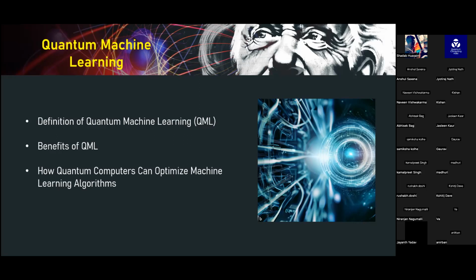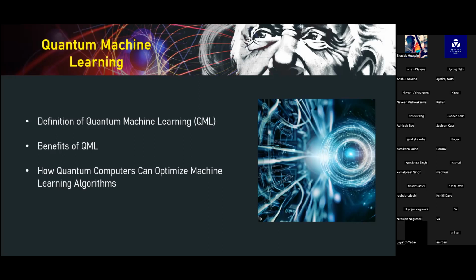Okay. Now, when we look at it, basically, quantum computers are used as optimizers in terms of generative AI, and they can give you better optimized results when it comes to machine learning algorithms. So just to recall what we have discussed till now, we started with the definition of generative AI, and the definition of quantum computing.